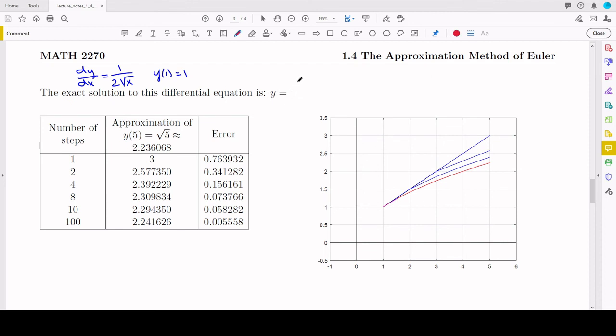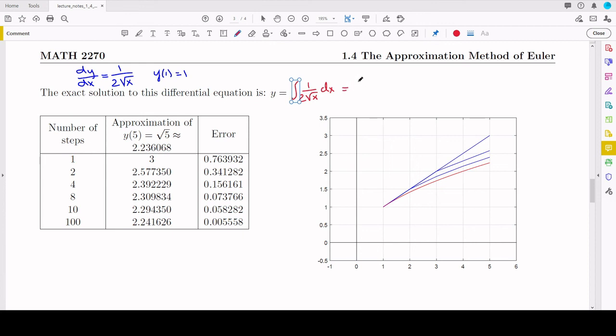So we get y equals the antiderivative of 1 over 2 square root of x dx. Now if you want to practice your calculus 1 skills, you can pause the video, but let's do this together otherwise.